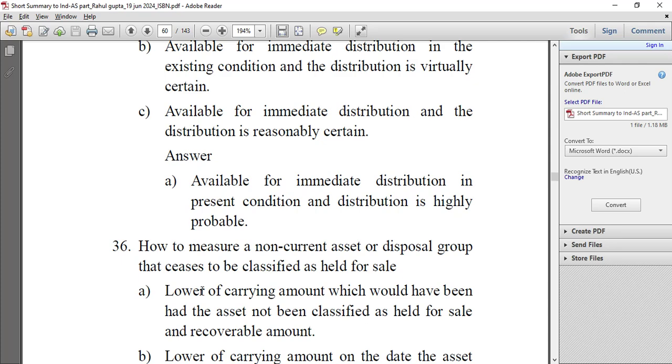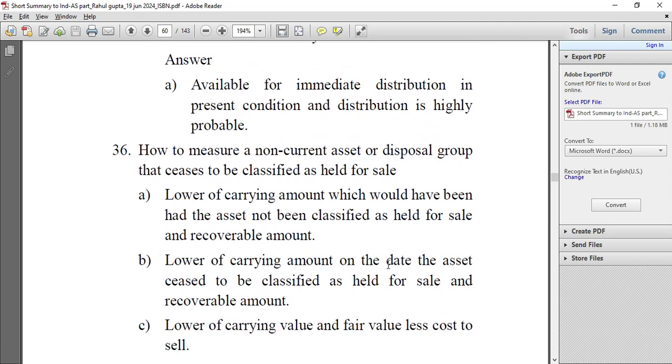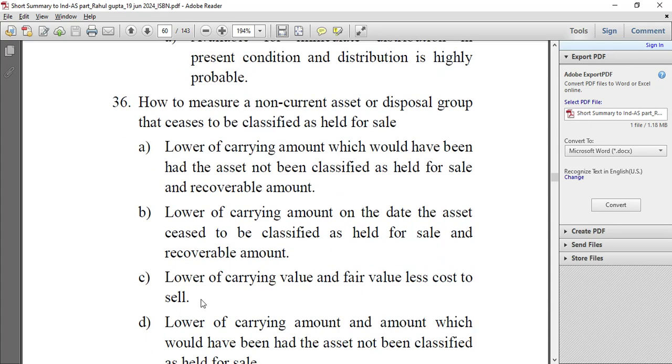How to measure a non-current asset or disposal group that ceases to be classified as held for sale? Option A: lower of carrying amount which would have been had the asset not been classified as held for sale, or the recoverable amount. Option B: lower of carrying amount at the date the asset ceased to be classified as held for sale, and recoverable amount.